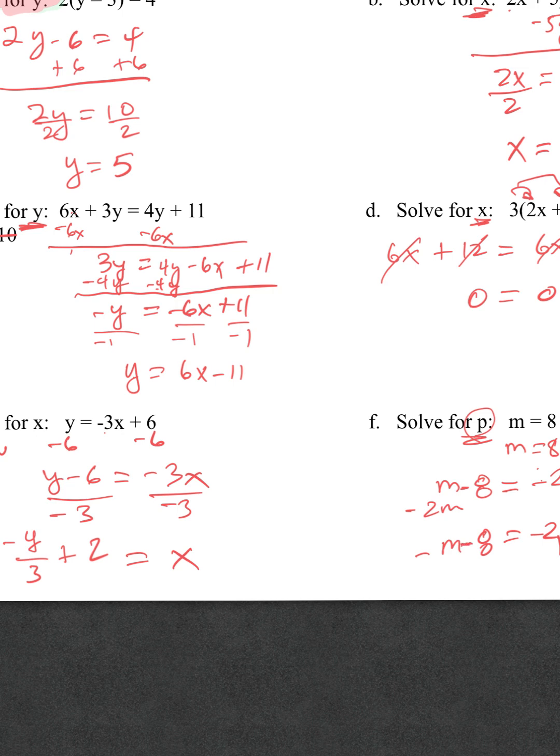So when we divide by -2, we're going to get p is equal to m over 2, and then plus, because it's -8 over -2, it's going to be a 4. Okay? So this is our answer right here. P equals 4 plus m over 2. If you prefer, you can rewrite it as P equals m over 2 plus 4. This is conventionally easier to say. Okay? All right.